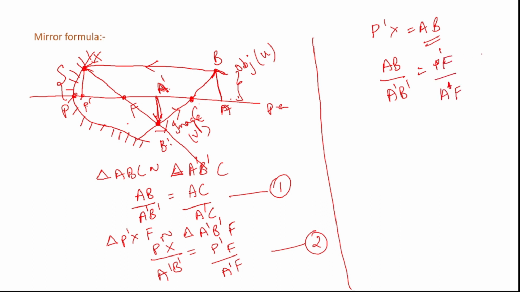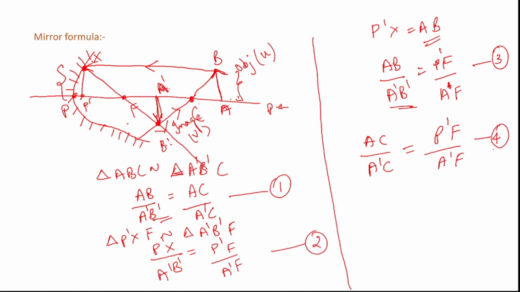So let this be the third equation. So in this third equation and first equation we have AB by A'B' common, right? So we can simply write AC by A'C is equal to P'F by A'F, right? So let this be the fourth equation.